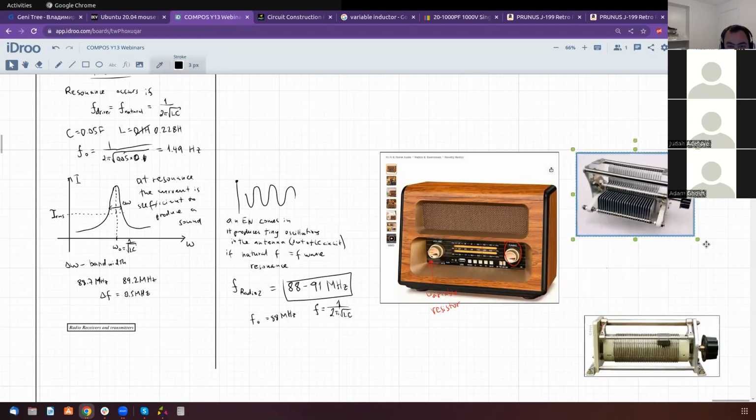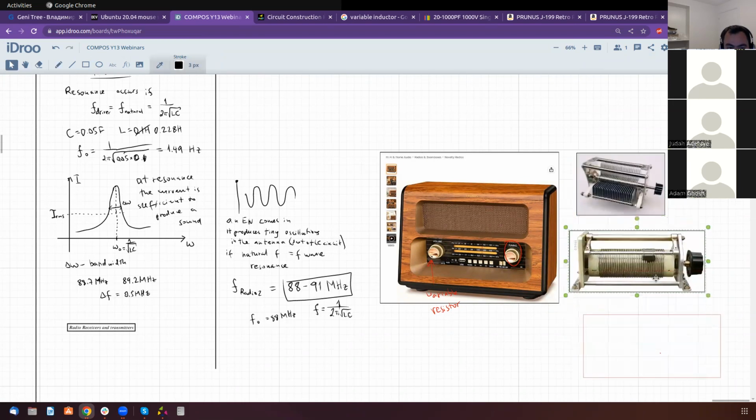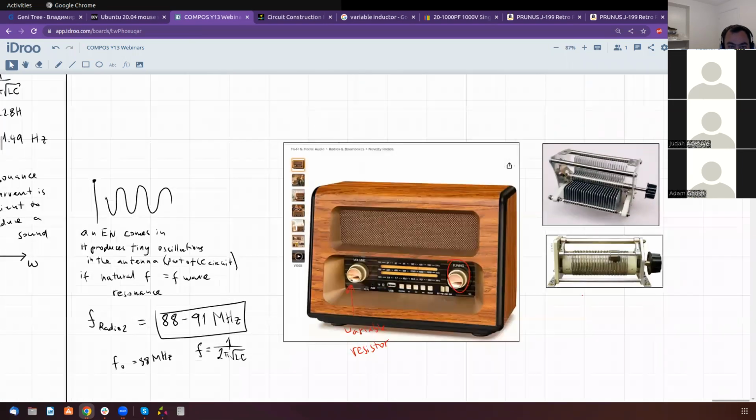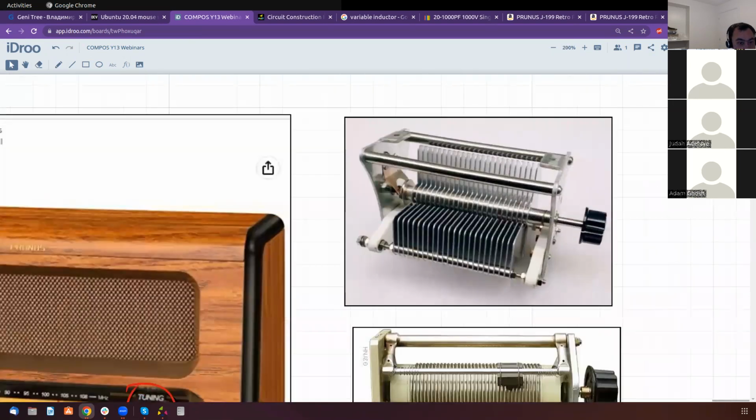So the variable capacitor works quite interestingly. So you have these moving plates. These plates are stationary, so these are fixed. And these plates can move.